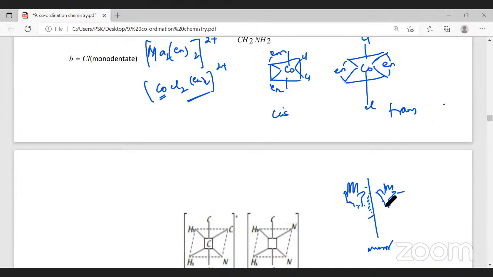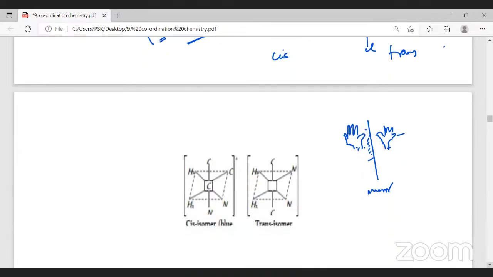You would have learned chirality in organic chemistry, chiral carbon atom. Here in coordination chemistry, the complexes should have mirror images of each other, but the mirror images should not be superimposable. If I keep one molecule on the other molecule, they should not be superimposable. That is the condition for optical isomerism.